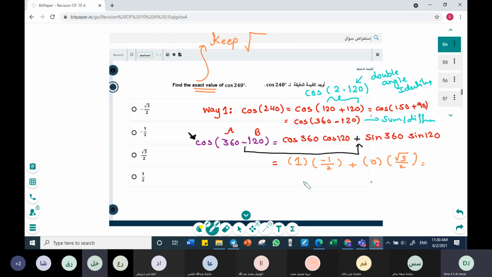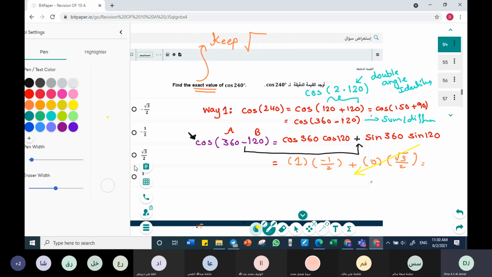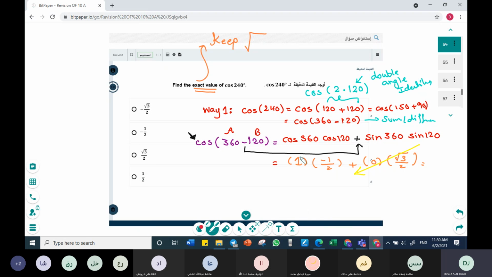A common mistake people make is to add minus 1/2 plus square root of 3/2, and they forget that I have multiplication here, and the 0 will cancel everything. So ladies, don't make this mistake. Here it will be cancelled out, and your answer will be 1 multiplied by -1/2, which gives you -1/2 directly, which is the second choice.